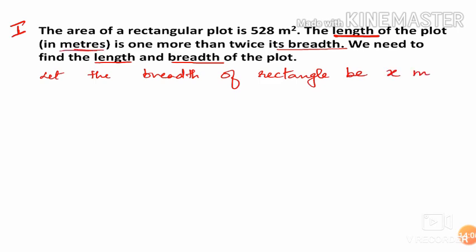It's given that the length and breadth are in meters. So now we can write down the length. Therefore, the length according to the question will be 1 more than twice its breadth. So twice its breadth is 2x and 1 more is plus 1.